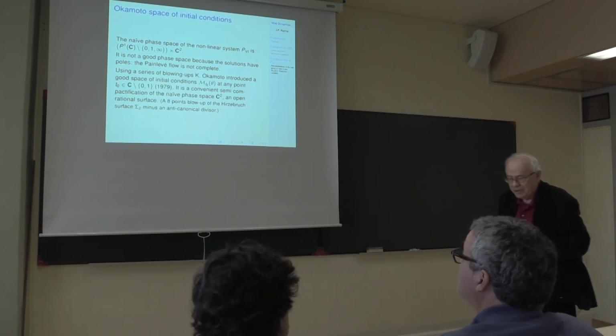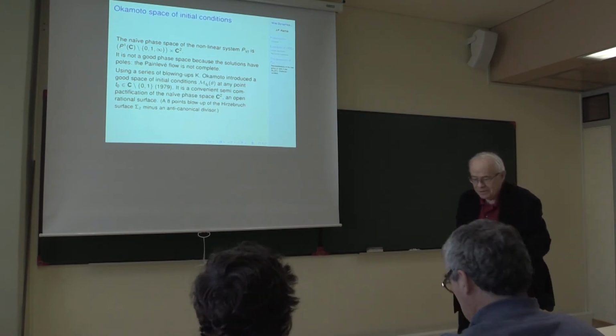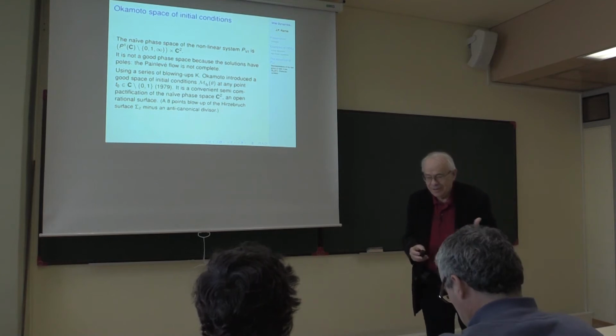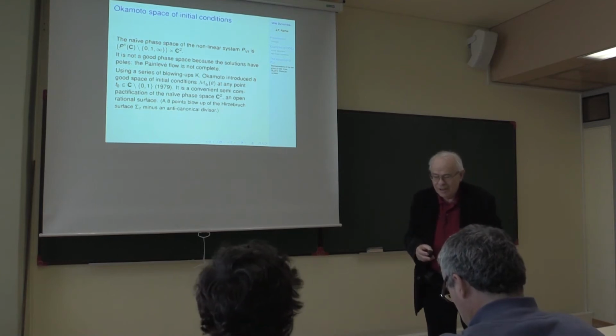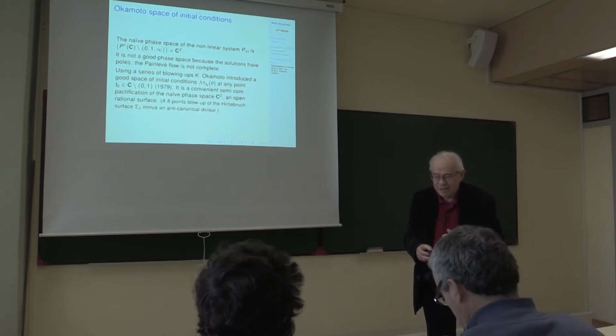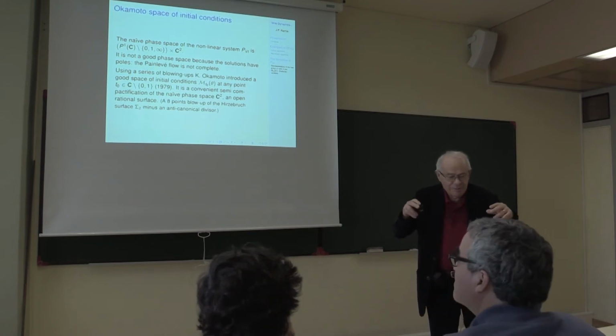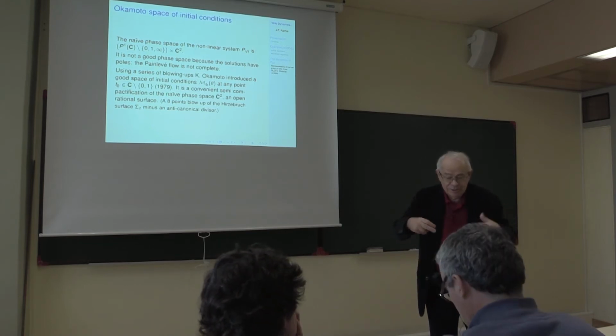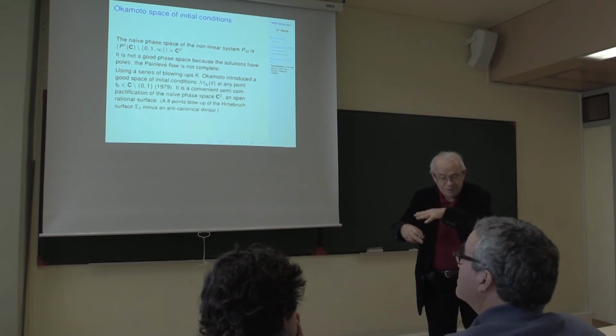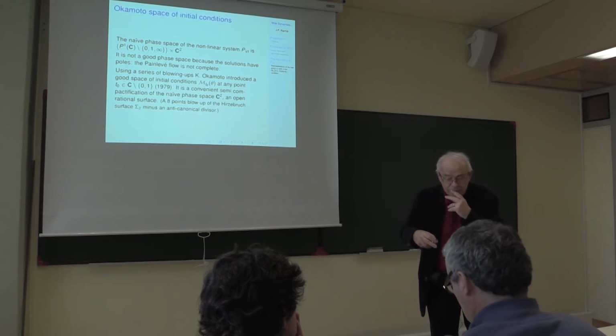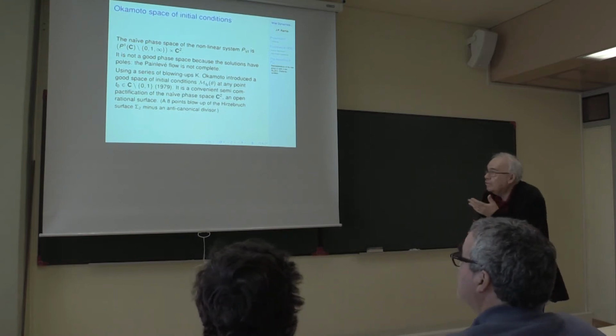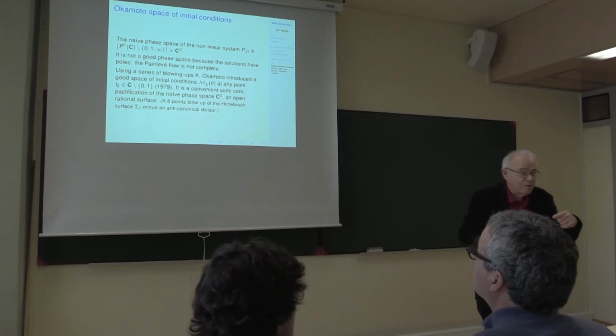So the idea, in fact, of Raymond Gérard at the beginning of the story in Strasbourg, following the idea of Painlevé, was to perform blow-ups in order to get a complete flow, no longer poles. Just like, you know, you have this example of the Riccati equation.